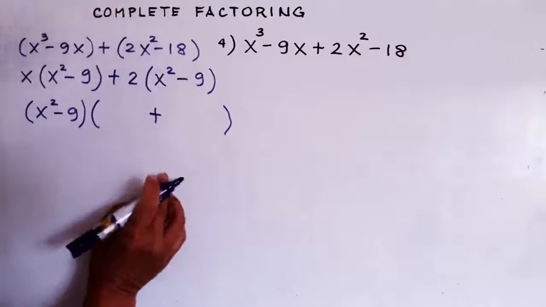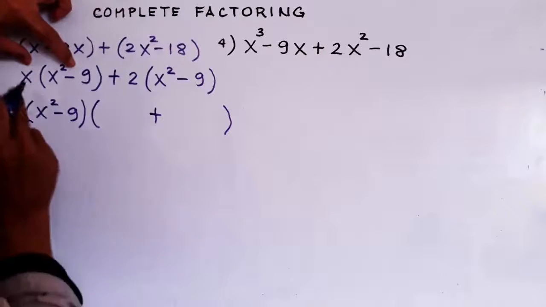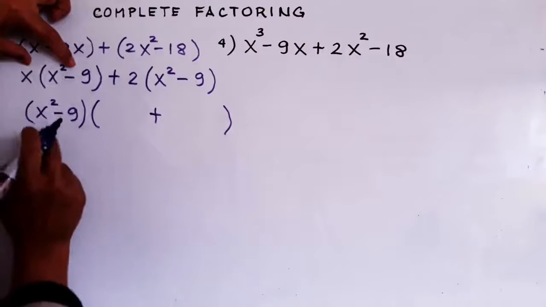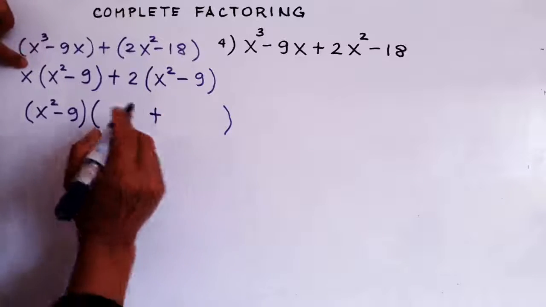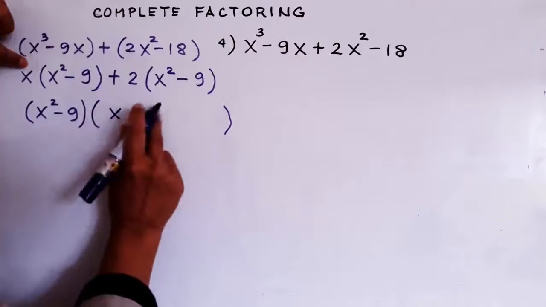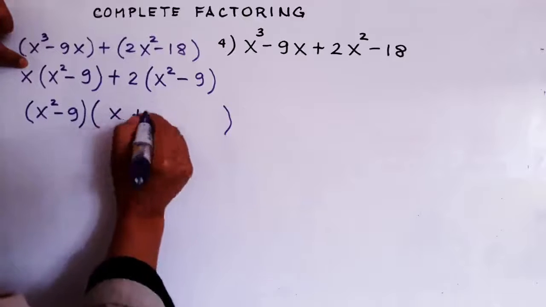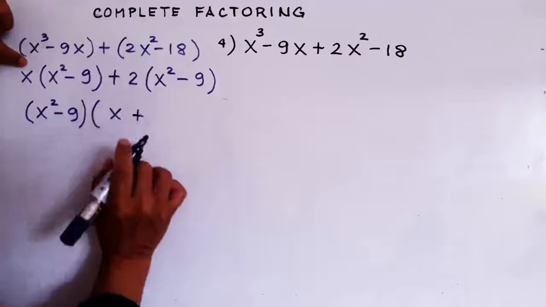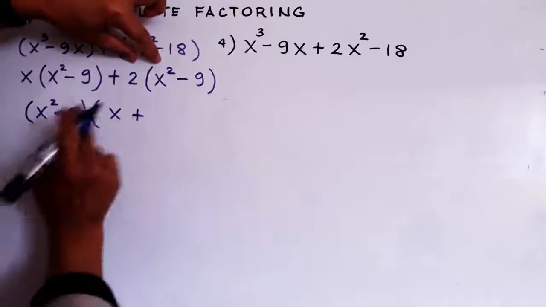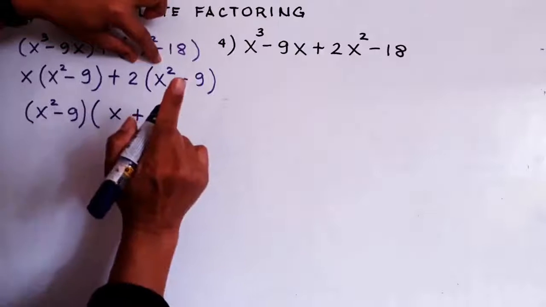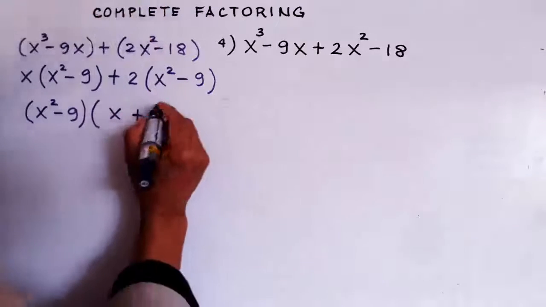So let's divide. When we divide this one by x squared minus 9, it is equal to 1. So we have x plus, and we divide this one by x squared minus 9, 1. And then we have the 2 here.